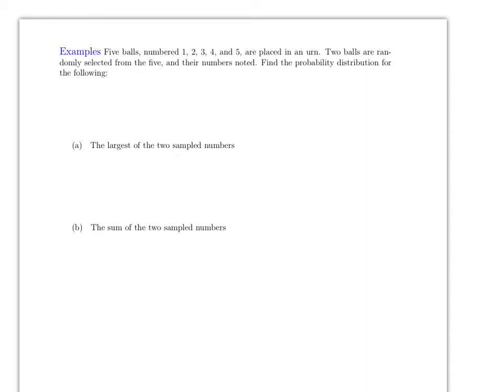Okay. First, we need to figure out the sample space. So remember, we are selecting 2 from 5. So this will be 5 factorial over 2 factorial times 3 factorial. And you should check that this equals 10. So there are 10 sample points, where the sample points are the following. It could be 1 and 2, 1 and 3, 1 and 4, 1 and 5.